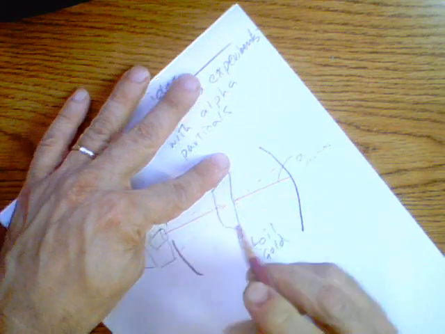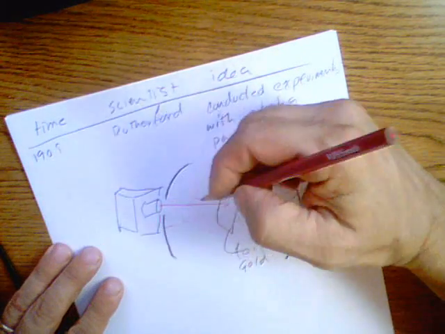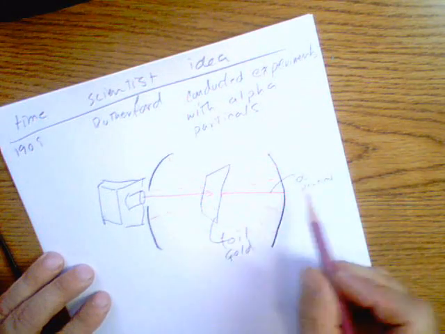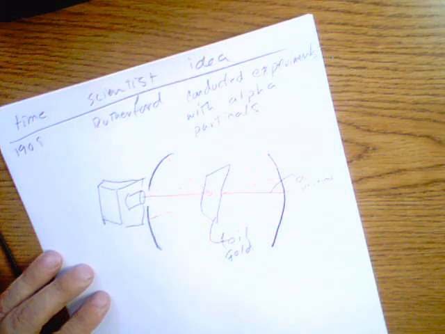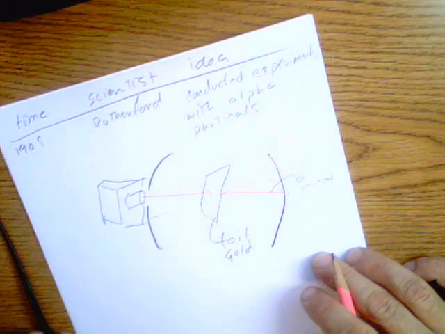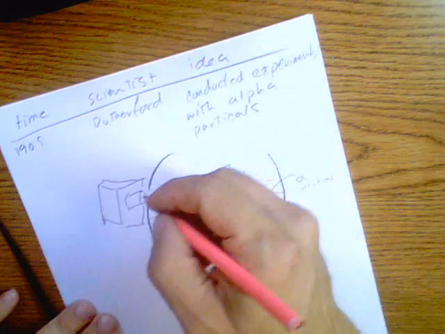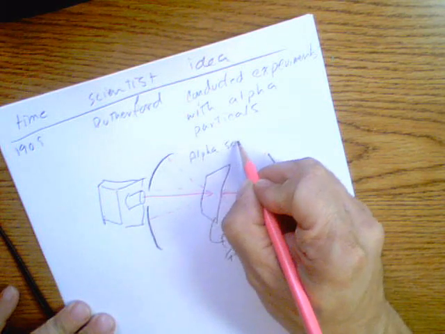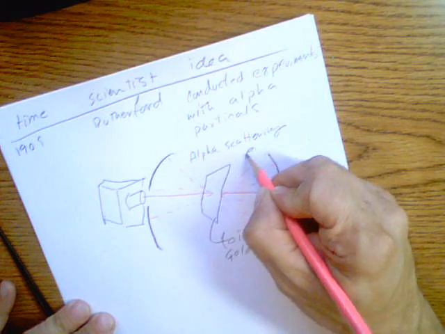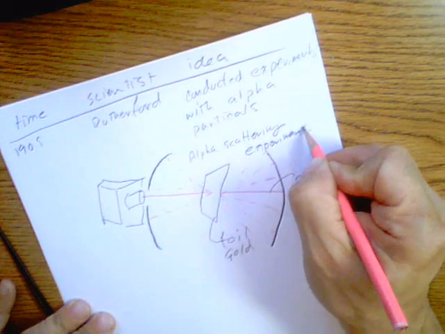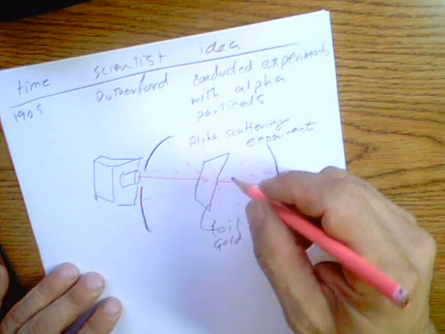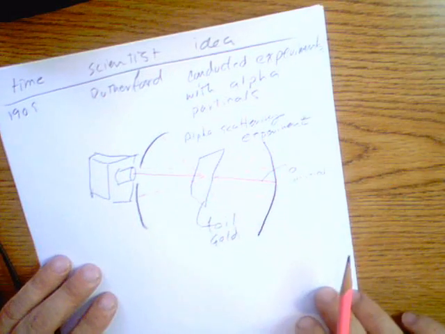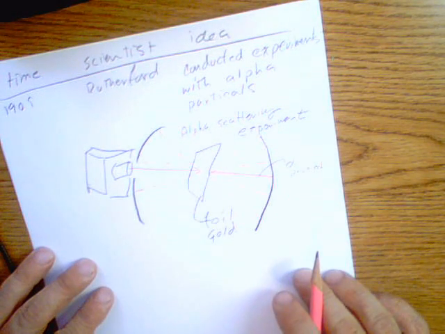And this student just thought that was fascinating. Why would it come back? Because most of the time it just went right through. By the way, this is called the alpha scattering experiment. They're shooting alpha particles, which, as I said, are just a helium nucleus, and they're going straight through the foil, which means that it's empty space.